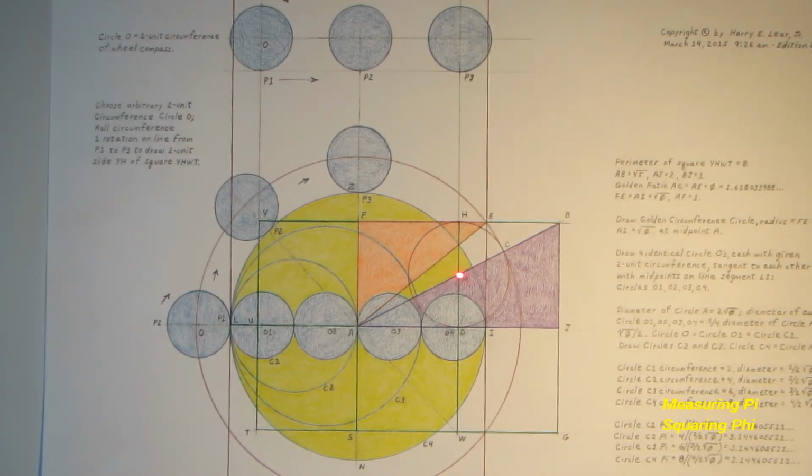Find the midpoint here at M, exactly halfway. And draw a 1 unit diameter circle, and where that circle crosses the diagonal AB at C is phi, the golden ratio. C to B is the inverse of phi.